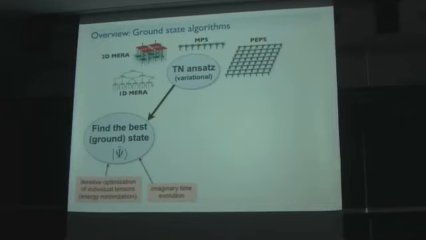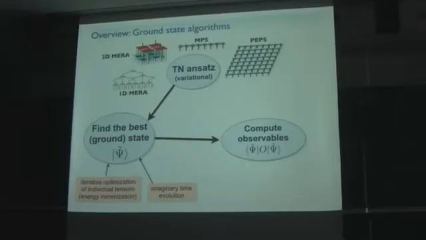Okay, so once we start from a certain ansatz, of course, the next step is to actually find the parameters in the tensors. I will not go into the details here, but we have different approaches for iPEPS. There are families of approaches based on imaginary time evolution, but we can also do a direct energy minimization. There are advantages and disadvantages with both approaches, but I will not go too much into the details here.